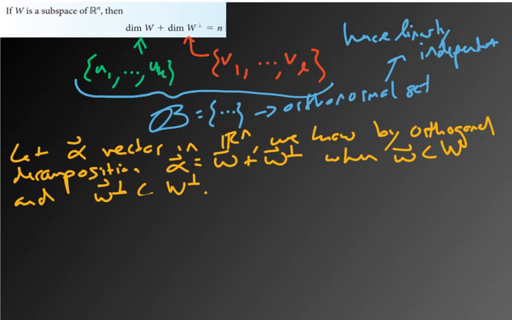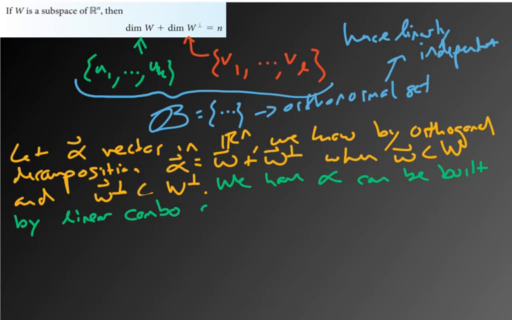And so putting that together, alpha can be built by a linear combo of vectors in the set U1 through UK and V1 through VL.